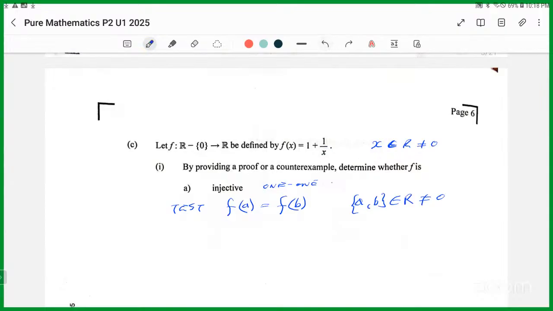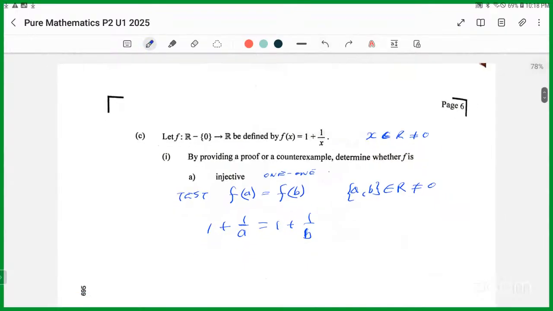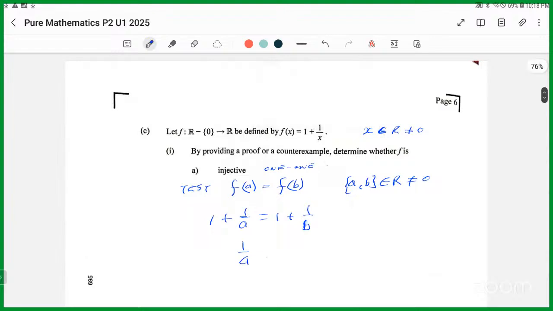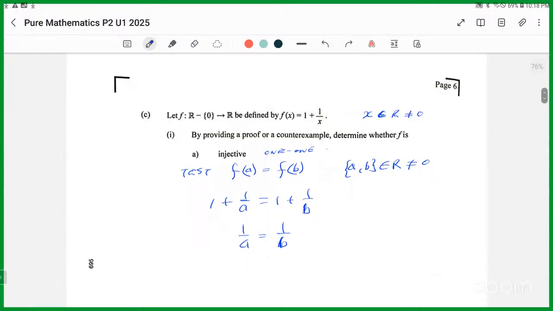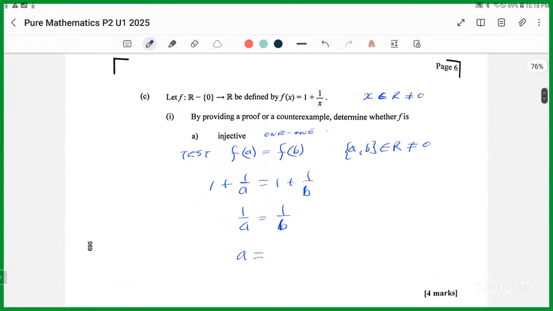So f of a will be 1 plus 1 over a equals f of b will be 1 plus 1 over b. So these two wipe out each other. We're left with 1 over a equals 1 over b. And if you cross multiply, or if 1 over a equals 1 over b, then it's clear that a equals b. That's the only solution.